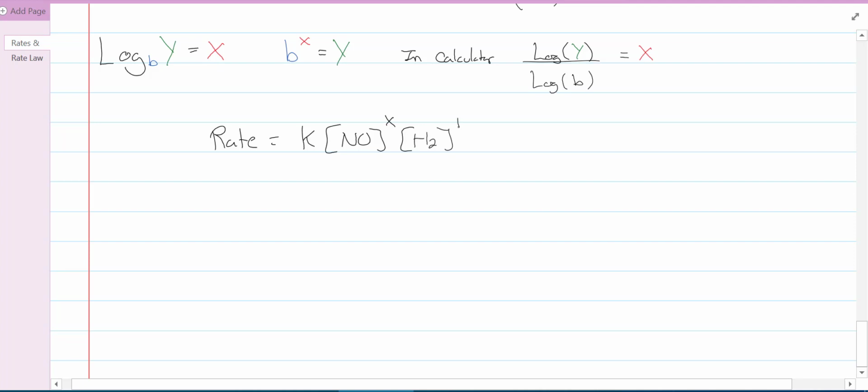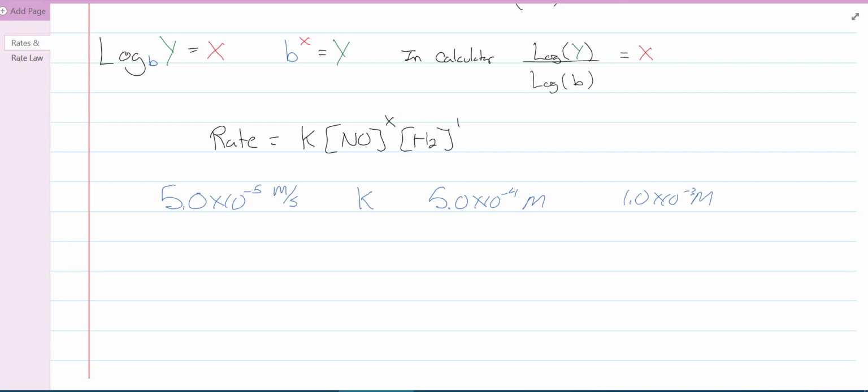All right, so my rate for experiment 2 was 5.0 times 10 to the negative 5 molarity per second. K is K. Concentration of NO is 5 times 10 to the negative 4th, and 1.0 times 10 to the negative 3rd molar for H2.